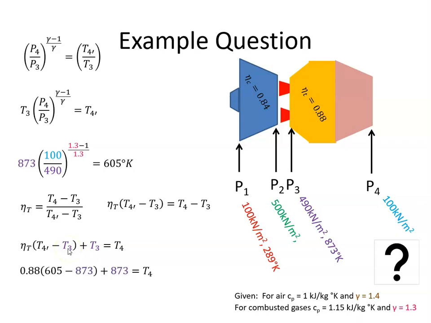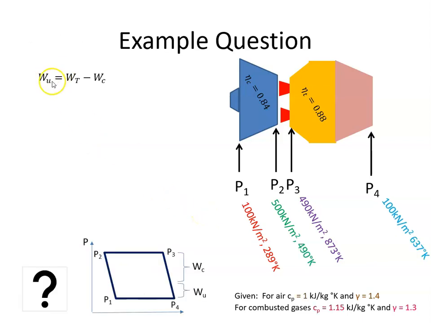Plug in the values. So T4 was 605, T3 was 873, and the efficiency was 0.88, and we get T4 to be 637 degrees Kelvin. Okay, so we have our two temperatures for the output of the compressor and the output of the turbine nozzle combination.